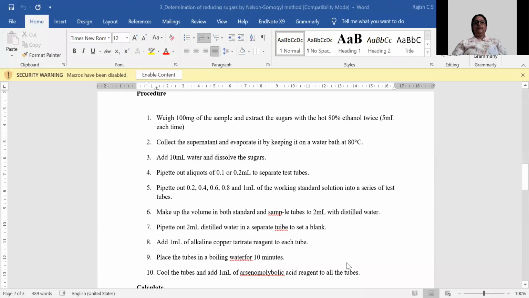So what is the procedure for the Nelson-Somogyi method? Over here, again, like I told in the previous session, you will be taking glucose of different concentrations.